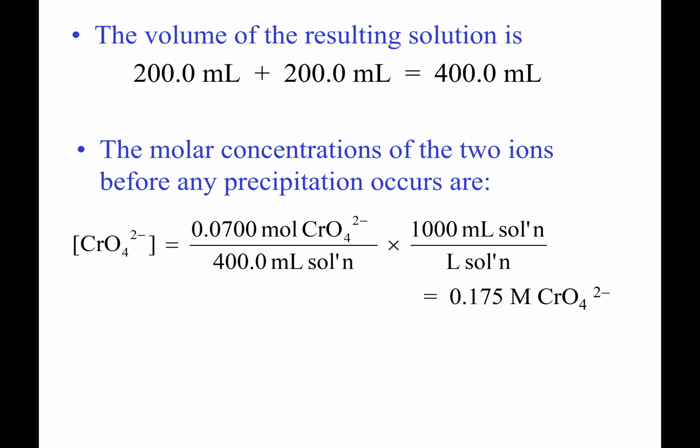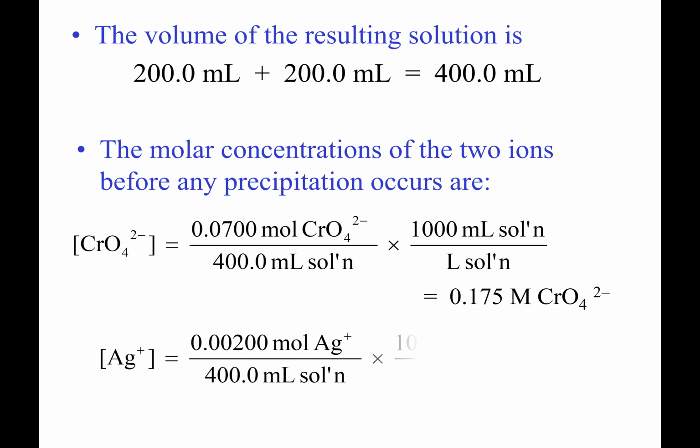All right, we'll do a similar thing for the silver ion. So in that case, we came up with 0.00200 moles of Ag+, again divided by that 400 milliliters of solution, 4 sig figs. Clean it up by introducing 1,000 milliliters over 1 liter.